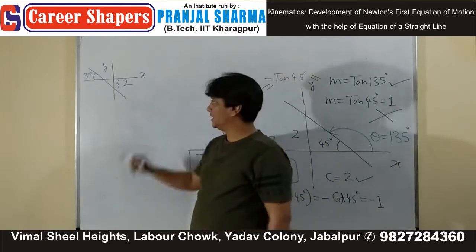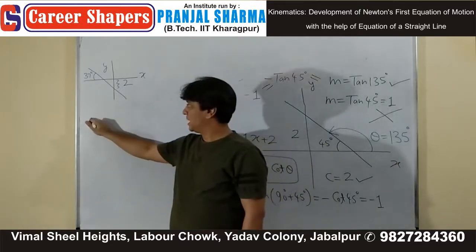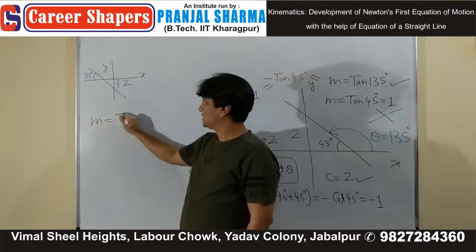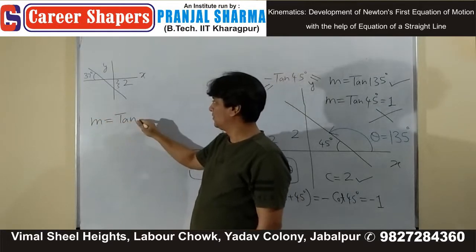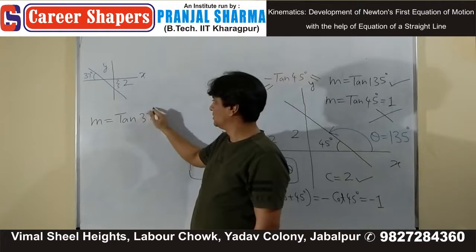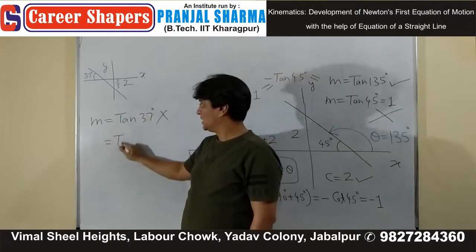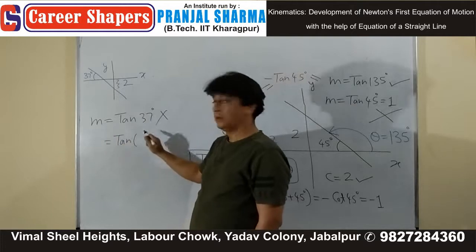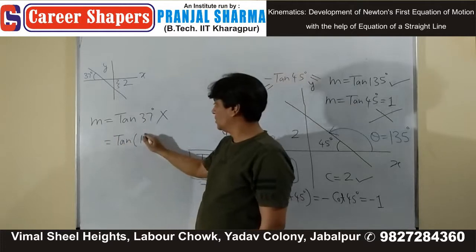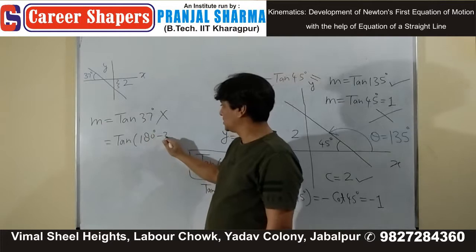So technically m is tan of 37. No, m is tan of basically this 180 minus 37.